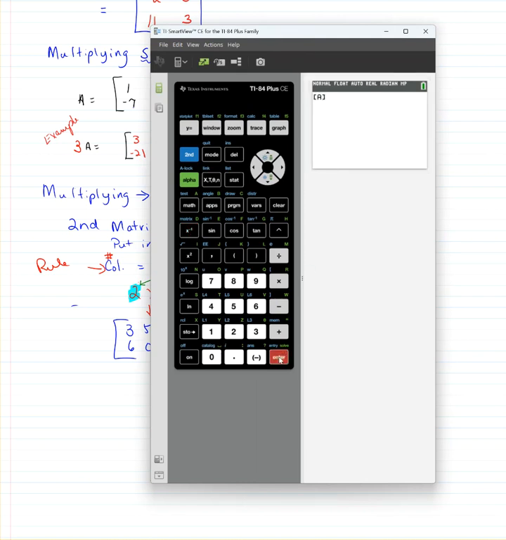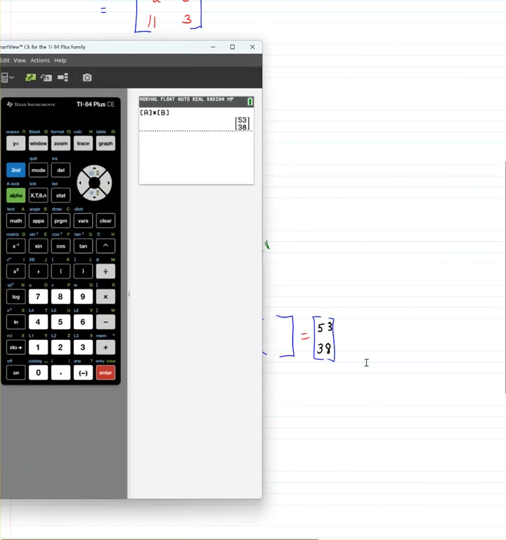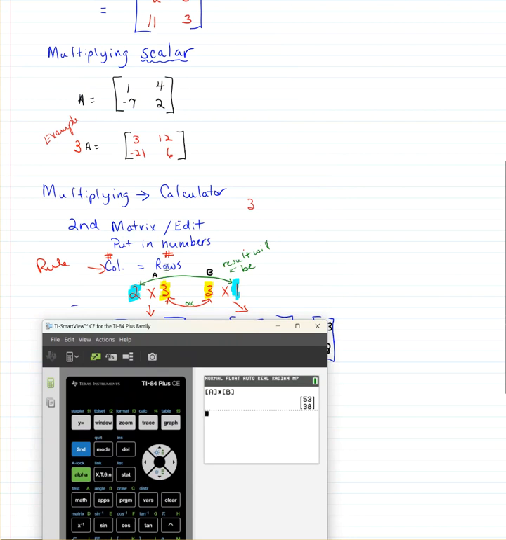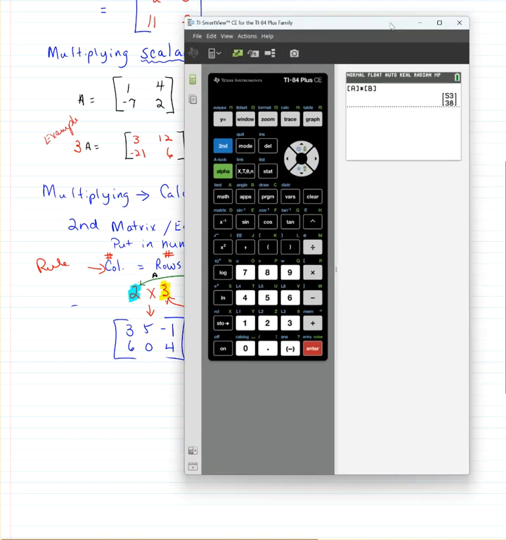So you want A, multiplication sign, go back in, second matrix, go down to B, and hit enter. You're telling the calculator that you want to multiply matrix A times matrix B. We'll hit enter, and we get 53, 38, which is what I have written here, and it indeed is a 2 by 1. We knew it was going to be a 2 by 1 because this outer set of numbers tells you that. So you'll practice on that, but I wanted you to see at least how to start that.